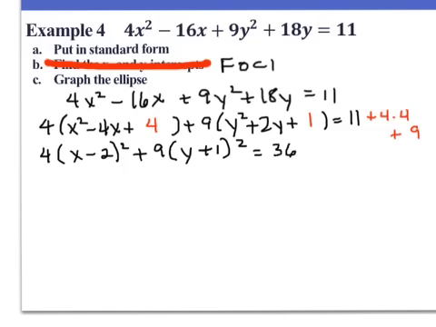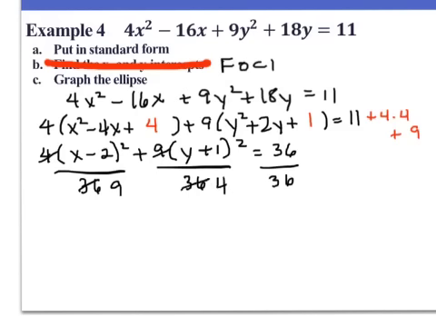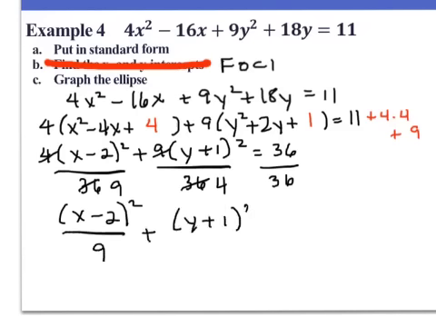Okay, this is not in standard form yet, because we need to divide everything by 36, because it needs to be equal to 1. Well, the 4 and 36 cancel for a 9, and 9 and 36 cancel for a 4. And now we're in standard form. How do we know? It's equal to 1, and that's how we know.